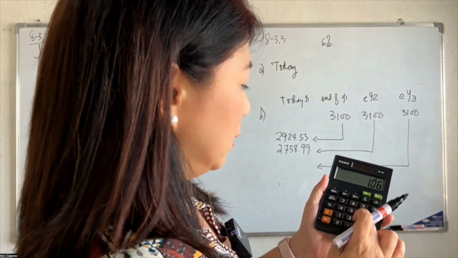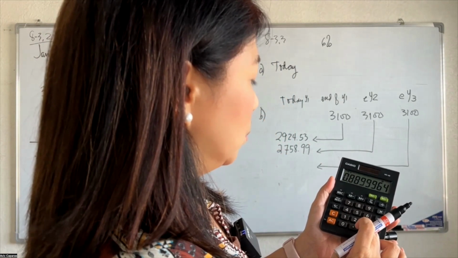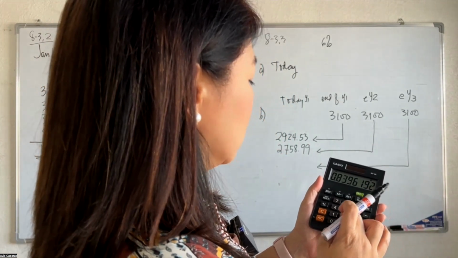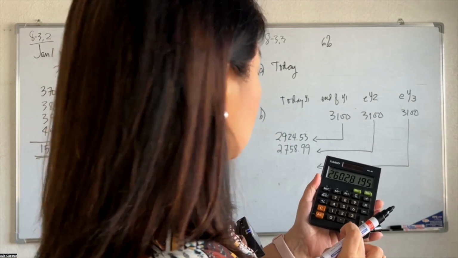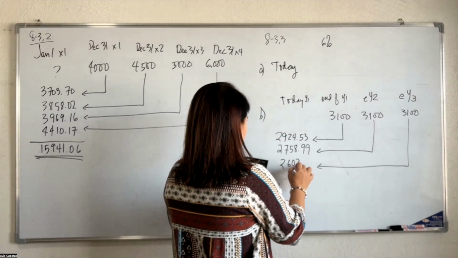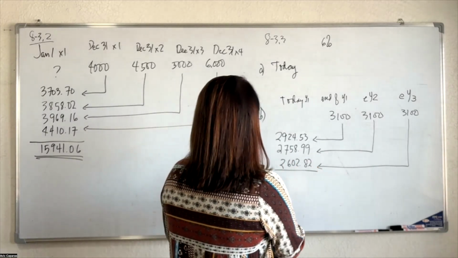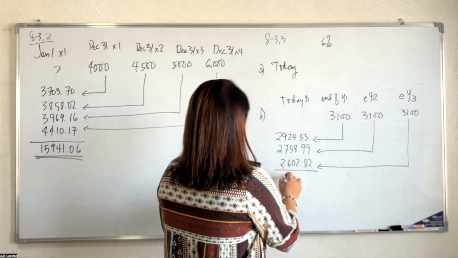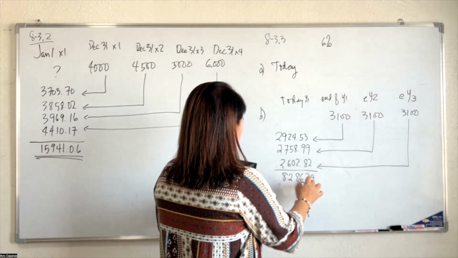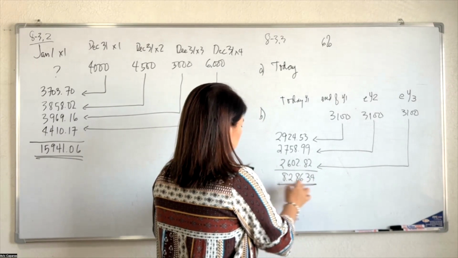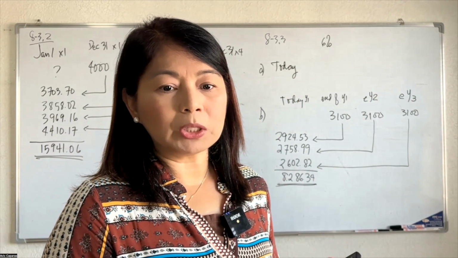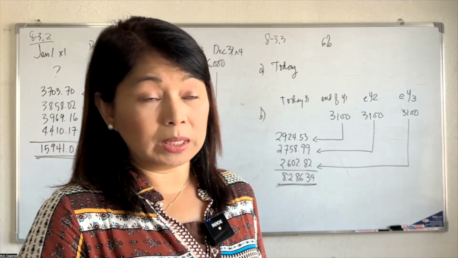1.06 divide equal, 0.8396 times 3,100, 2,602. Okay, so answering the question, what is the least amount of money that you should be willing to accept today?